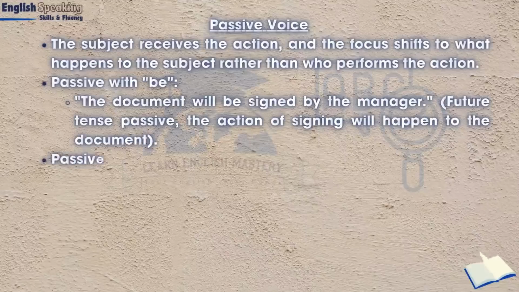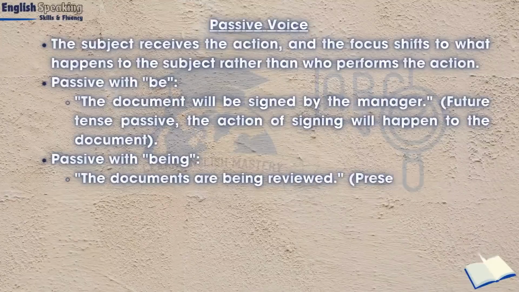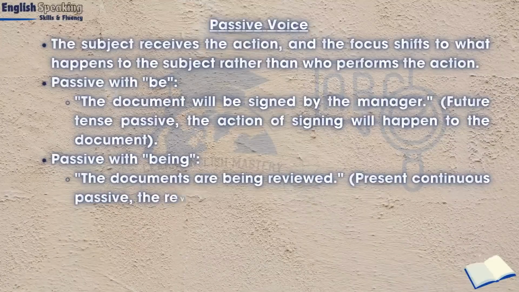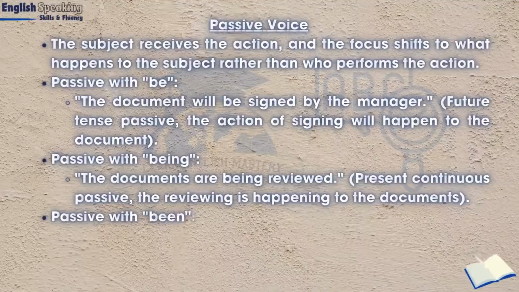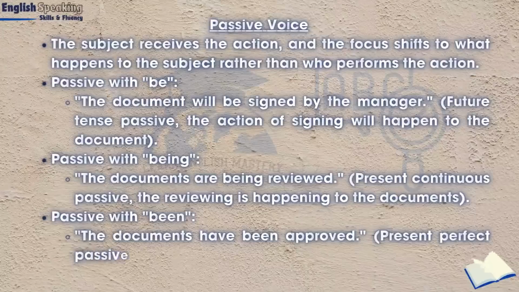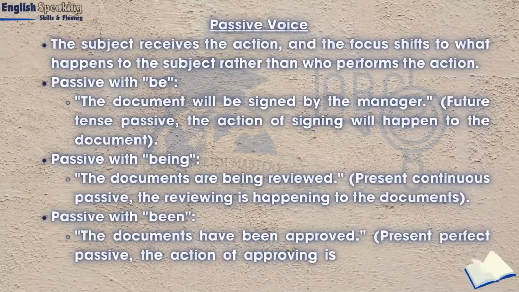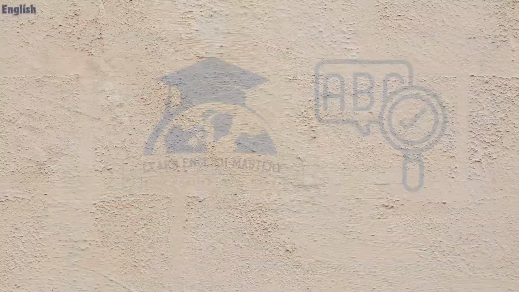Passive with being, the documents are being reviewed. Present continuous passive, the reviewing is happening to the documents. Passive with been, the documents have been approved. Present perfect passive, the action of approving is completed, and the result is relevant now.